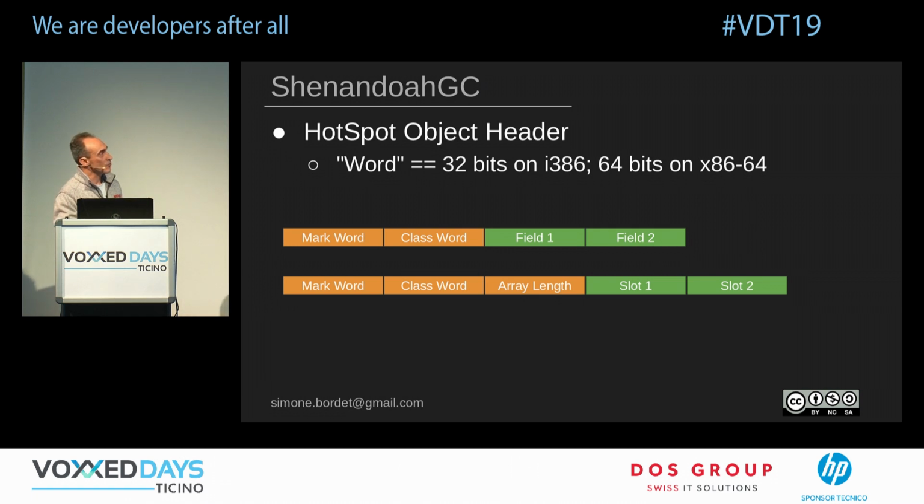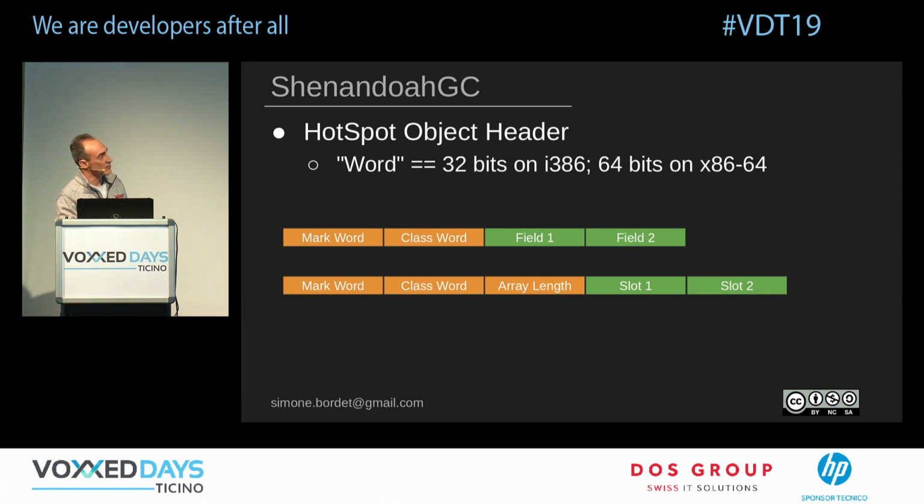Then there's another word that is the class word. Basically, this is a pointer to the class object inside the Java virtual machine, so that I know what class this object is. If you want to do an instanceof, you are basically comparing this thing, okay? So it's a pretty quick operation because you just go to the object layout and say, is the pointer here the same pointer as this other one? And then you have the fields, okay?